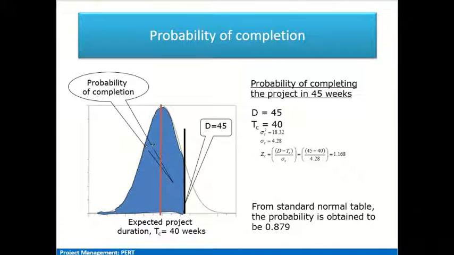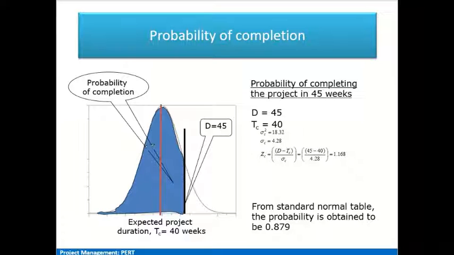To counter or plan through this uncertainty, project managers get the estimates of various activity durations in terms of three time durations: the optimistic time duration, that is the best case scenario for a particular activity to get completed, then the most likely case, how much that activity is most likely going to take, and also the pessimistic time duration.